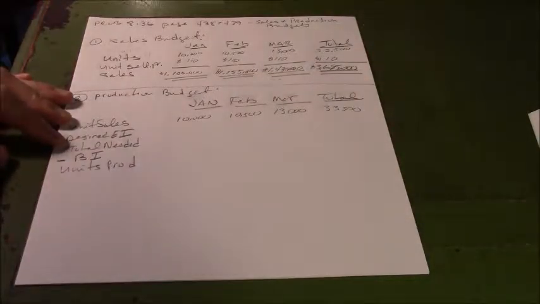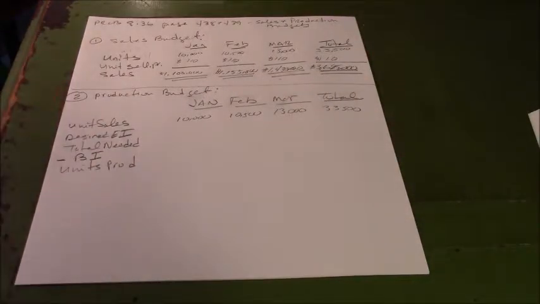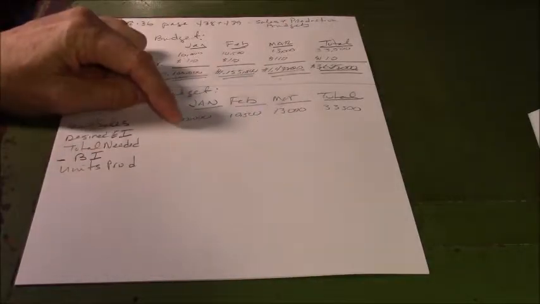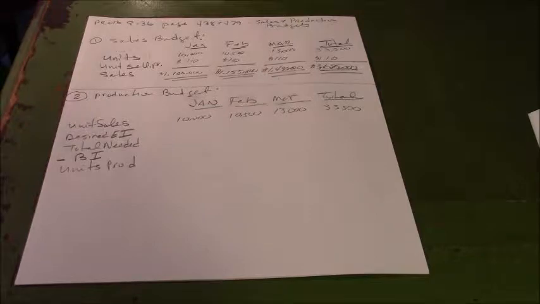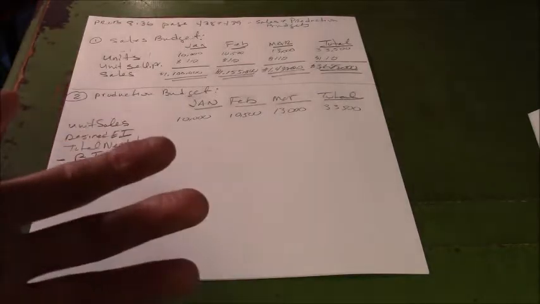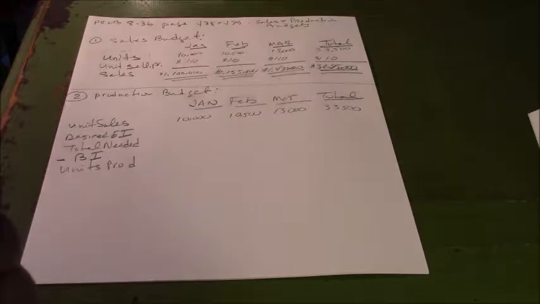In March, we think we're going to sell 13,000 for our total of 33,500. So obviously, we're running a production line. We're going to make things as we go. So we have to make sure we have enough to cover what we're going to sell, plus our desired ending inventory. All right, so we want to have 20% of next month's sales. So we had to calculate that amount, right?